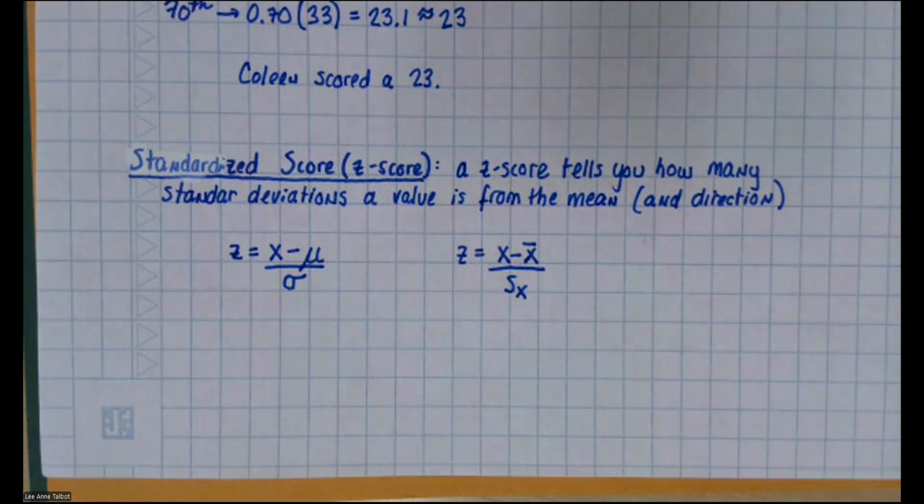Okay, this one is from a sample. So that's what you're mostly going to work with, because you mostly are not going to know everything about every single individual. So x minus the sample mean, x bar, over the sample standard deviation, which is s sub x.